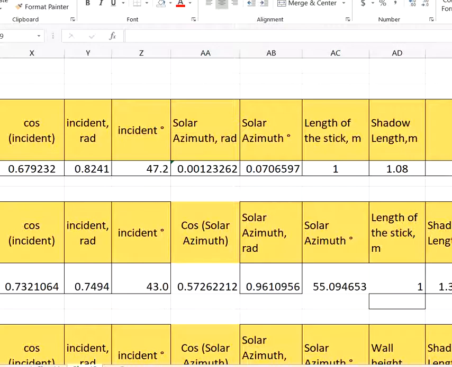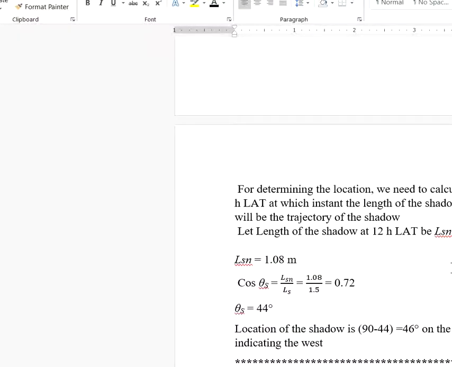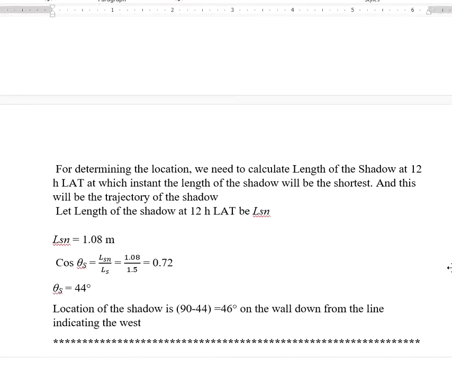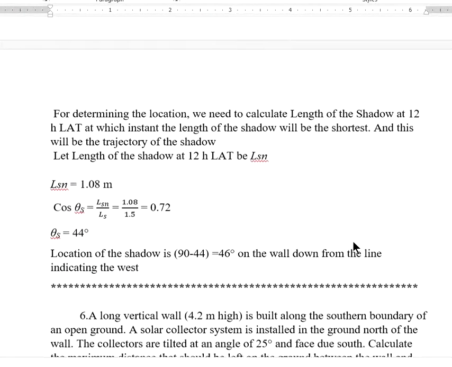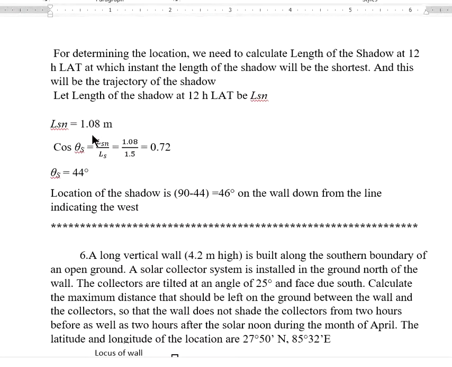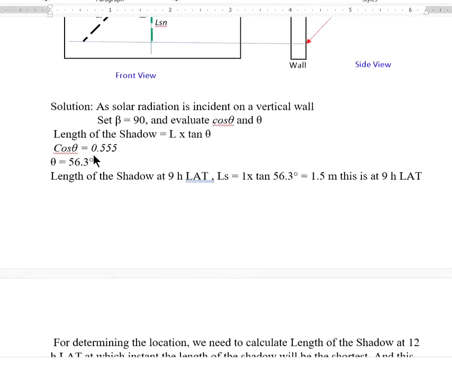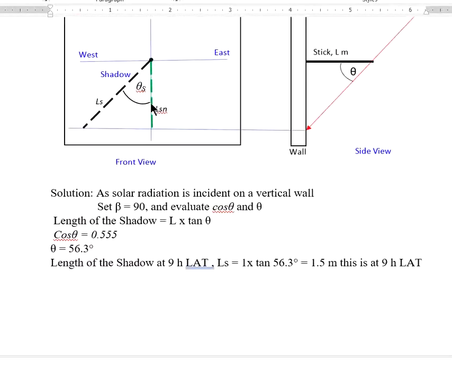So the length of the shadow at noon is 1.08 meter, and this is 1.5 meter. This angle is the angle between the shadow and the south direction.